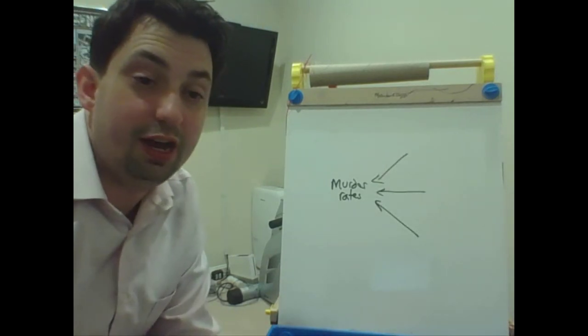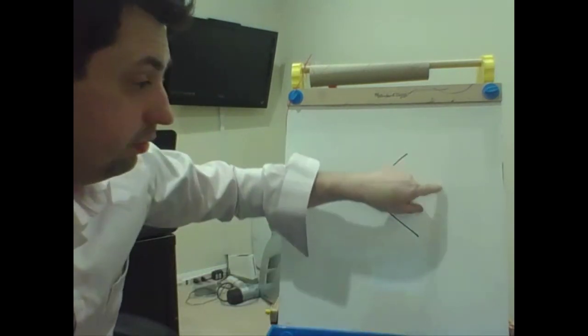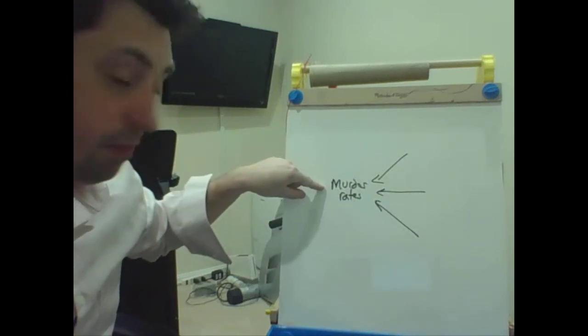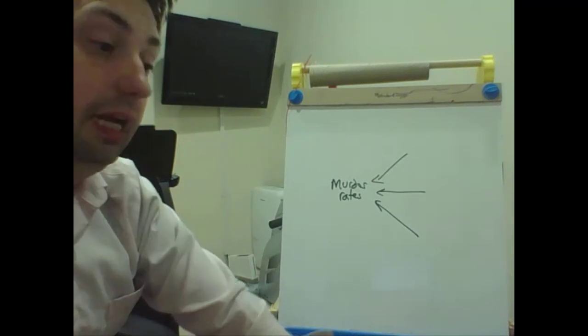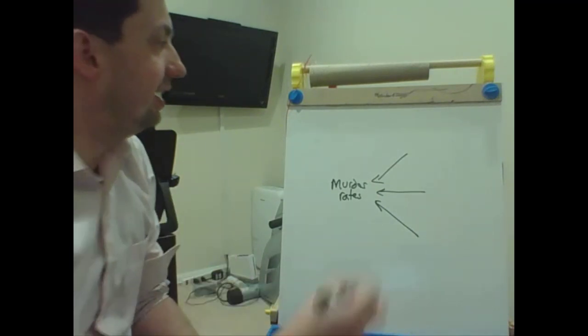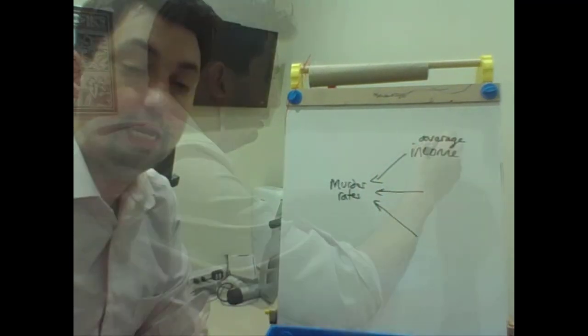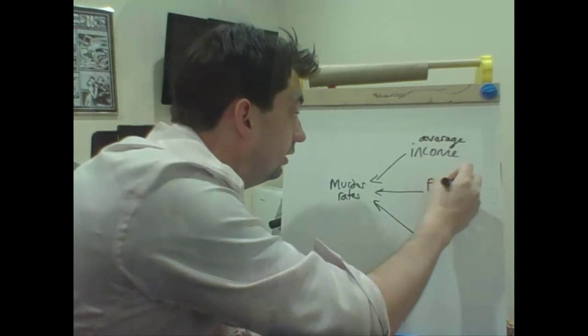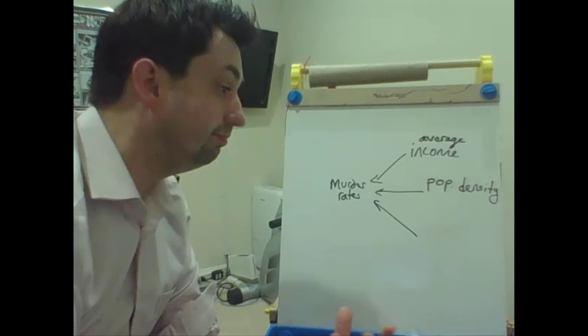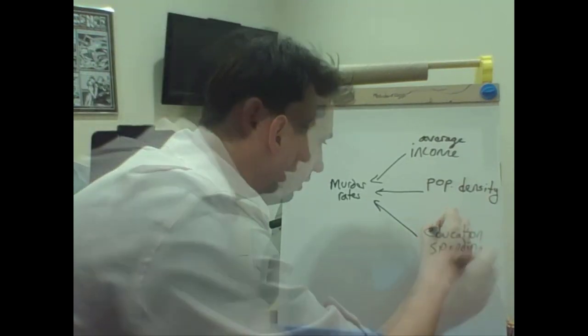It's important that not only are these variables different from murder rates, but they're also different from each other, very different from each other. So we might say income. We might say population density. We might say education spending.